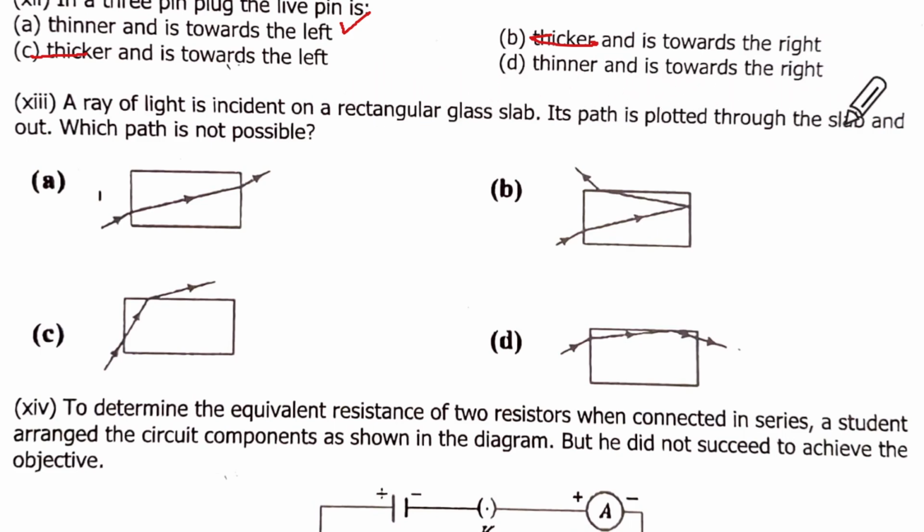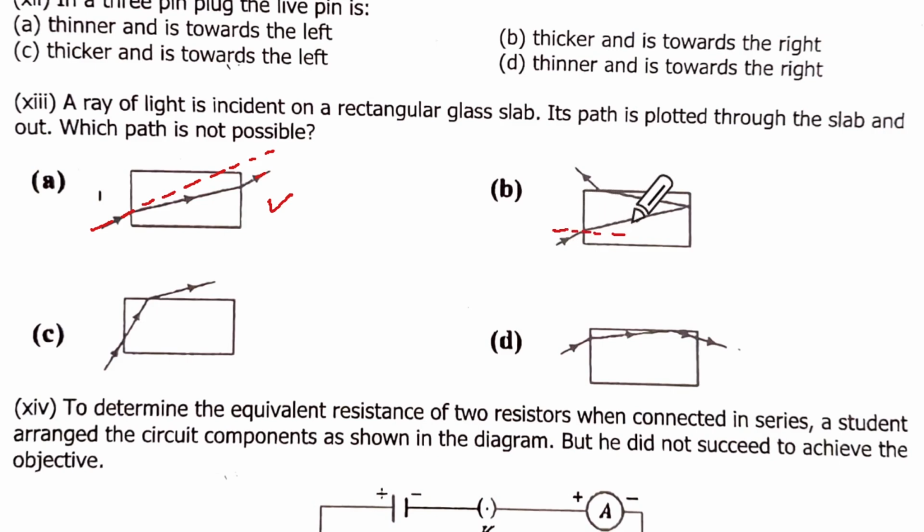All right. A ray of light is incident on a rectangular glass slab. The path is plotted through the slab. Which path is not possible? Now this is the incident ray. This is possible, correct? Yes. What about this?